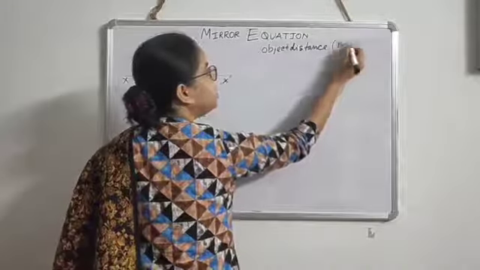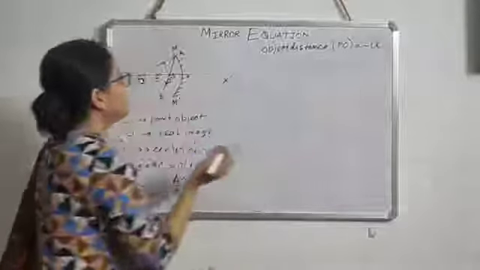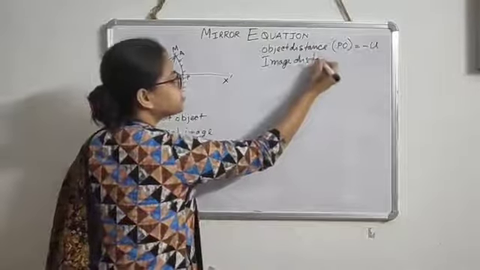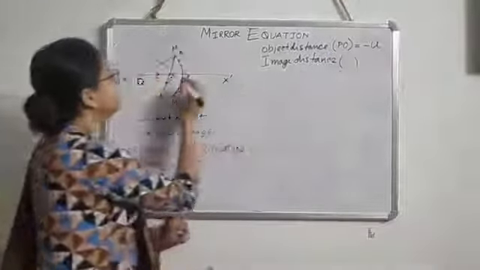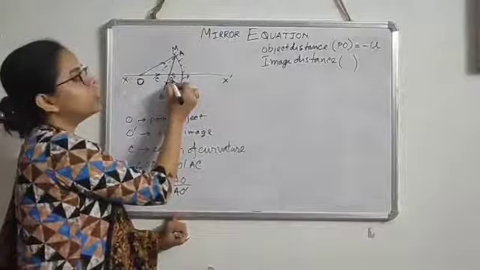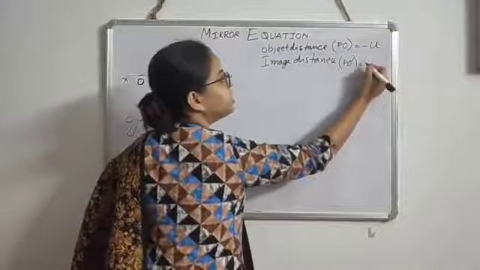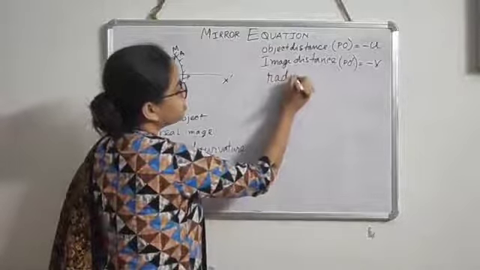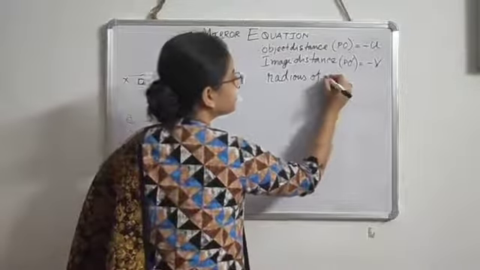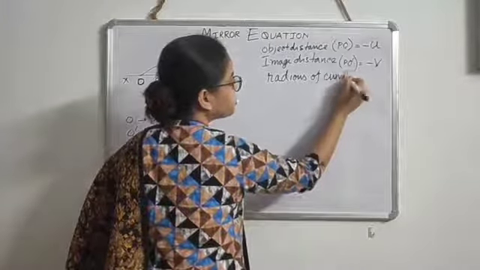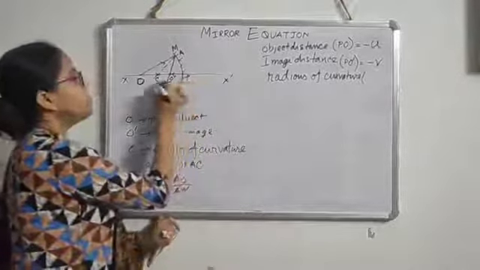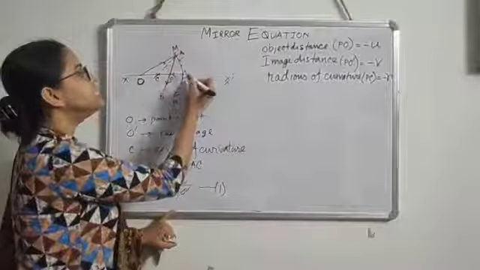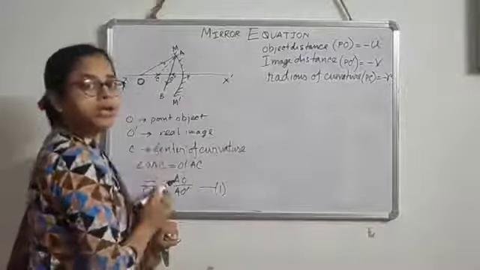We can write PO as minus U. Now the image distance, O dashed is the image here, PO dashed, that is minus V, and the radius of curvature PC equals to minus R. A is very near to P as the aperture of the mirror is very small.